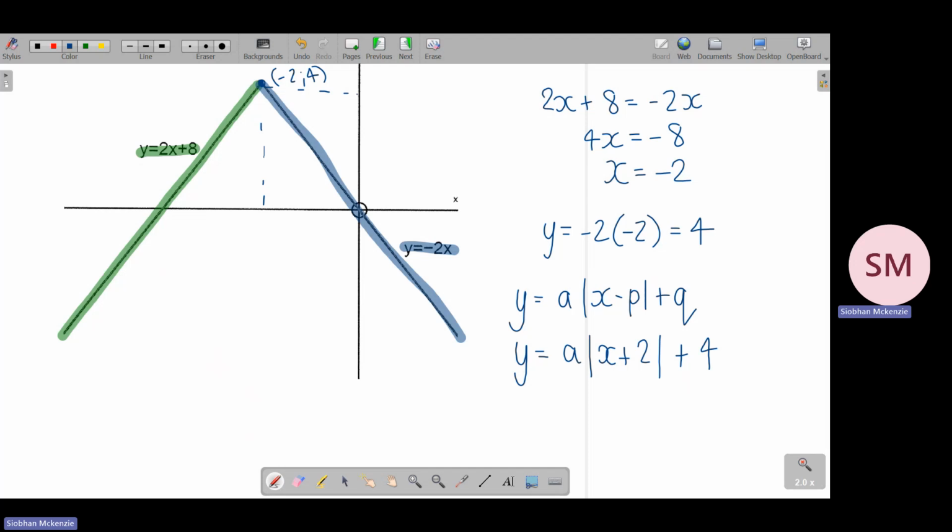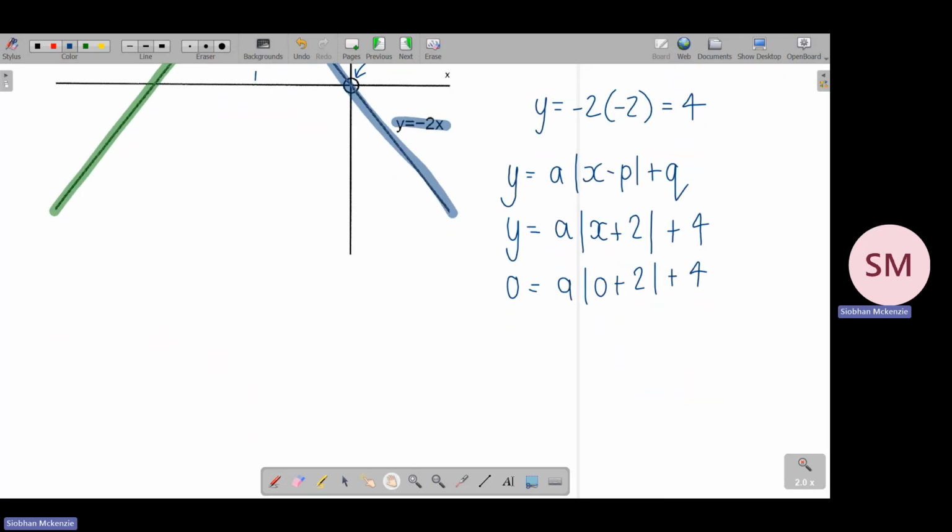So we need to find another point on the graph. Okay, let's see another point on the graph. Yes. What is it? That's 0, 0. The origin, right? If it goes through the origin, those coordinates are 0, 0. So I'm going to substitute in 0, 0. And when I solve for a here, I'm going to get minus 4 is equal to a times the absolute value of 2, which you agree is just 2a.